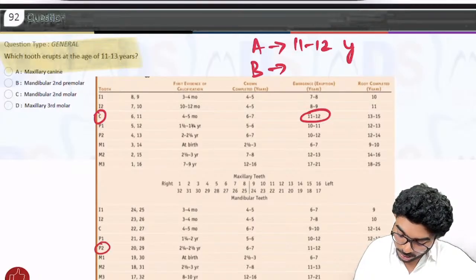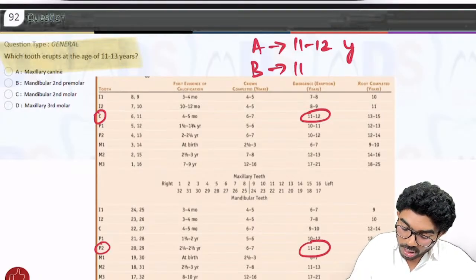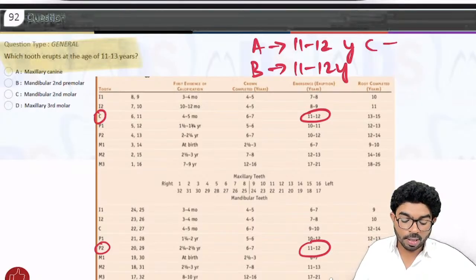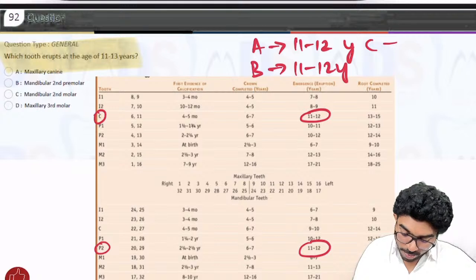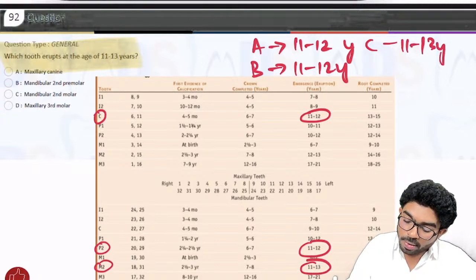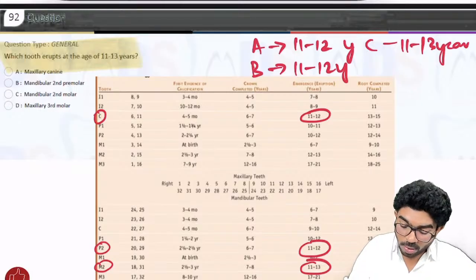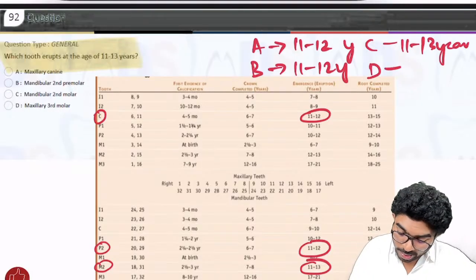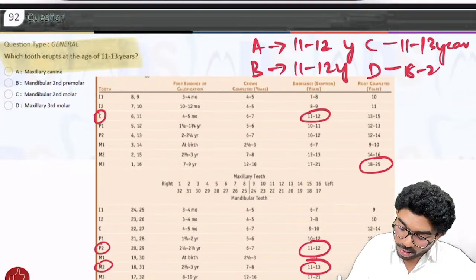Mandibular second premolar, 11 to 12 years again. Option C, they're talking about mandibular second molar. Mandibular second molar, 11 to 13 years. Option D, they're talking about maxillary third molar. Maxillary third molar, according to this, is 18 to 25 years.